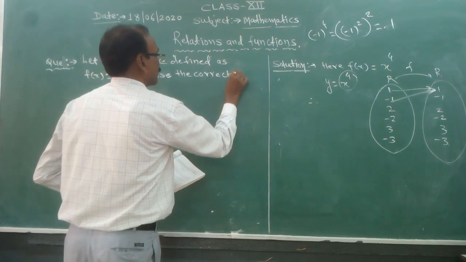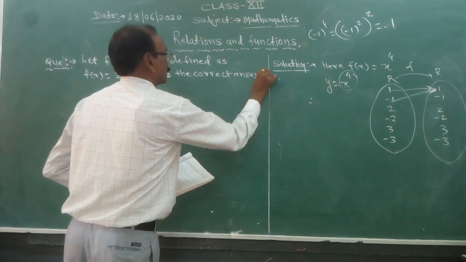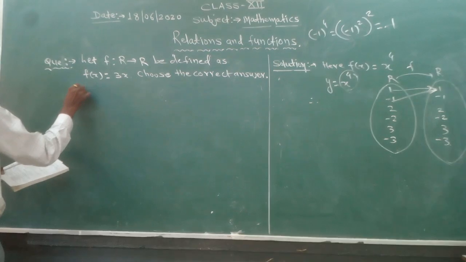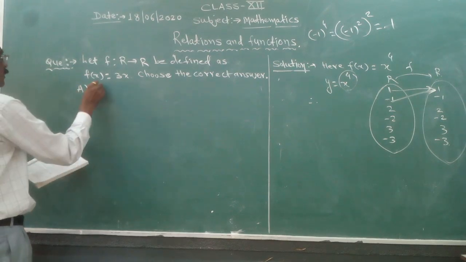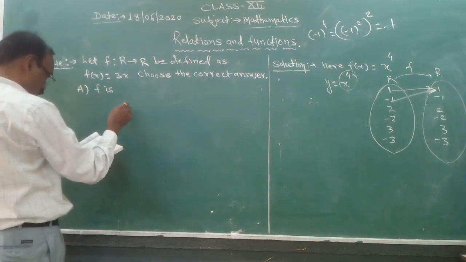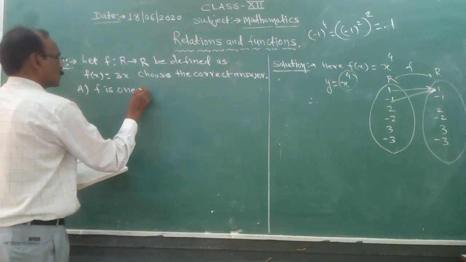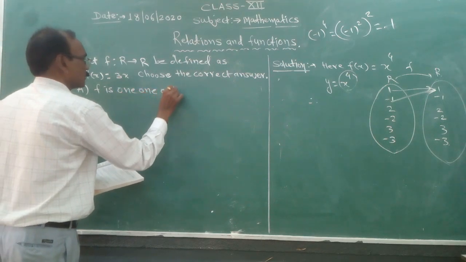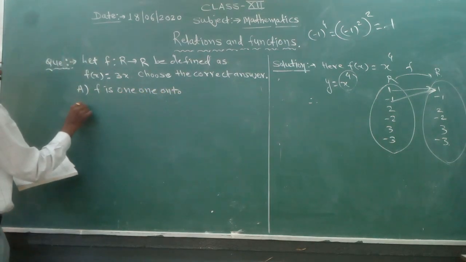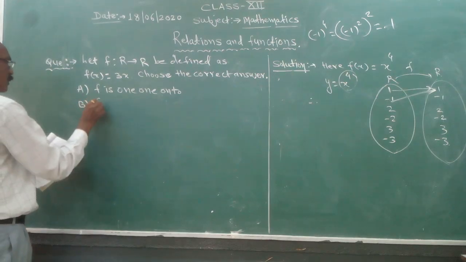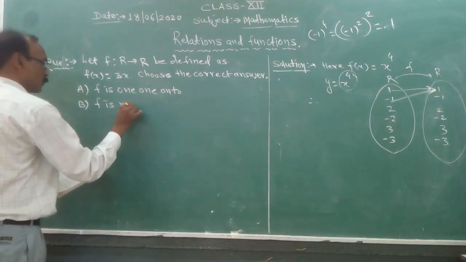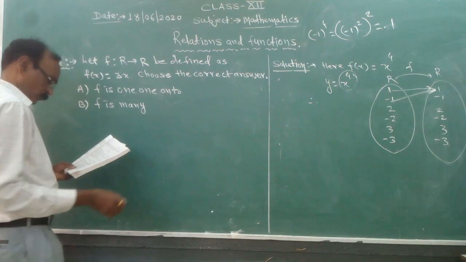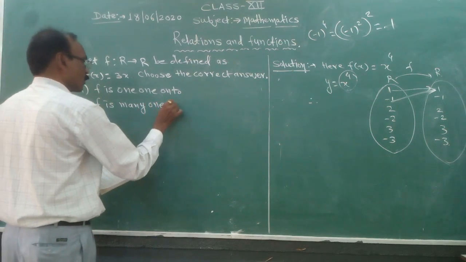Option A is f is one-one and onto. Option B is f is many-one onto.